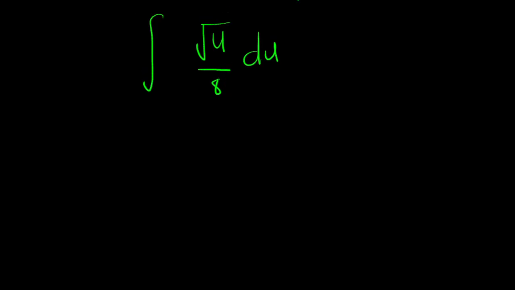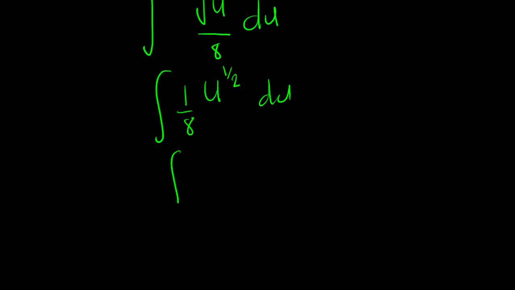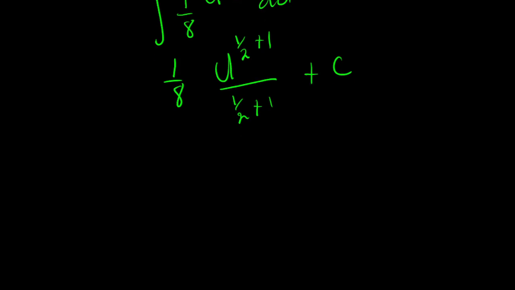And from the standard that we have done, the root of u is u to the power 1 over 2. So that means just use the normal standard. So we have 1 over 8 times u to the power 1/2 + 1, over 1/2 + 1, plus c. And 1/2 + 1 is 3/2.